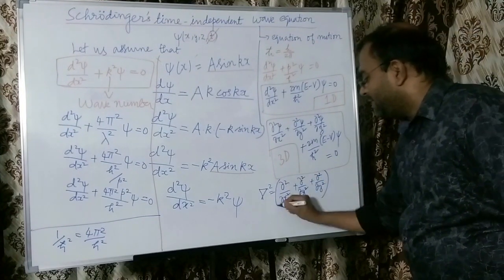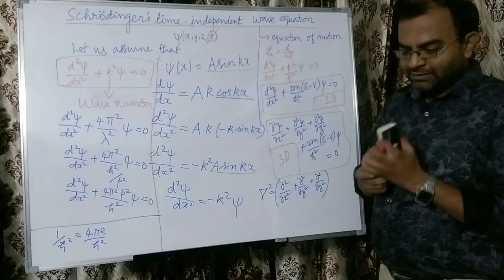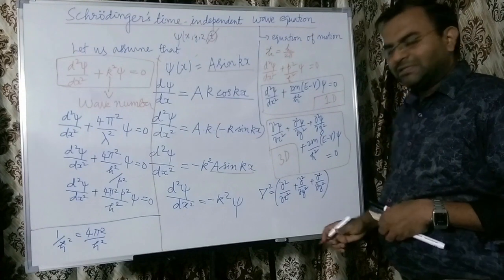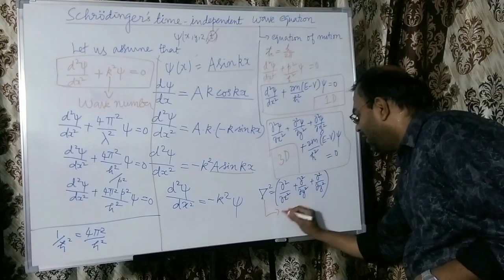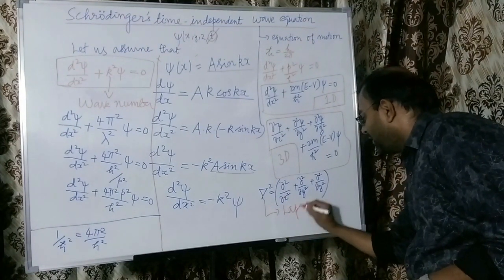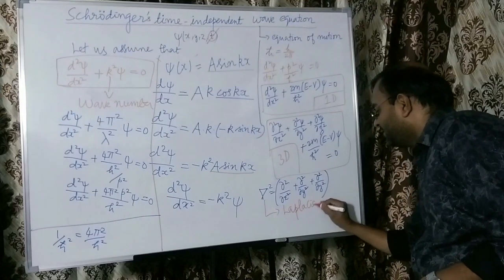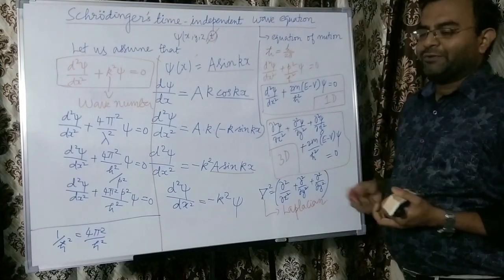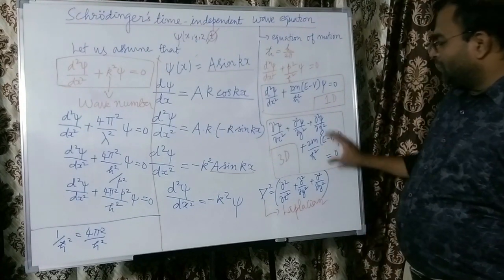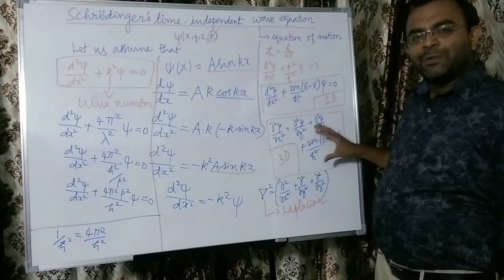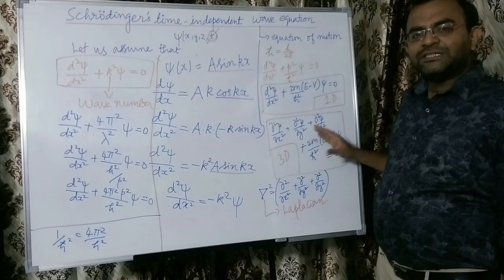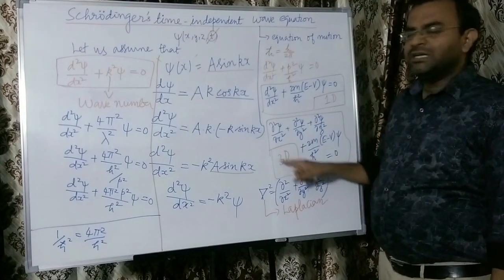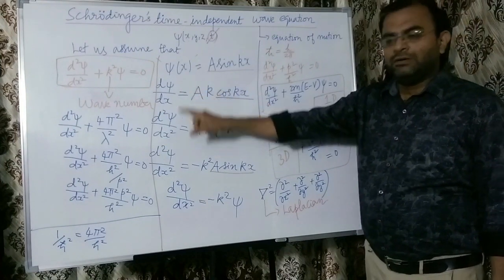This is the mathematical operator named after French mathematician Laplace. So this operator is called Laplacian. Now using this operator, I am going to write this equation, that is Schrodinger's time-independent wave equation in 3 dimensions, in a very elegant form.